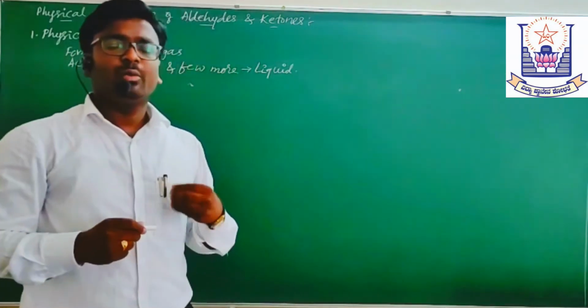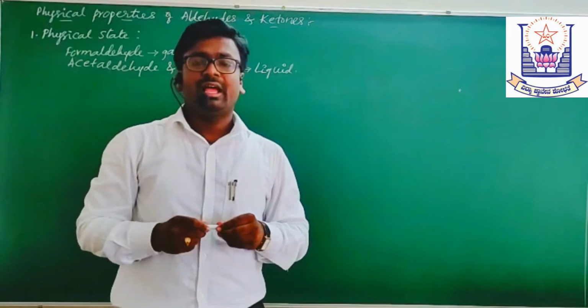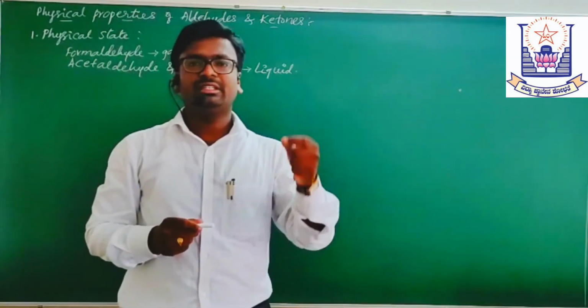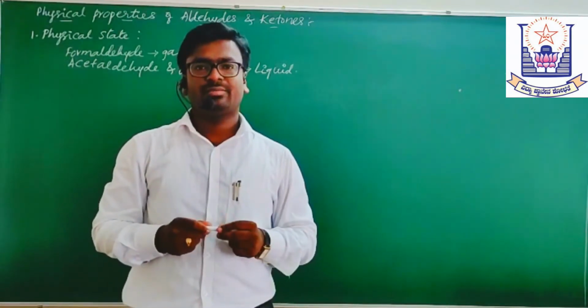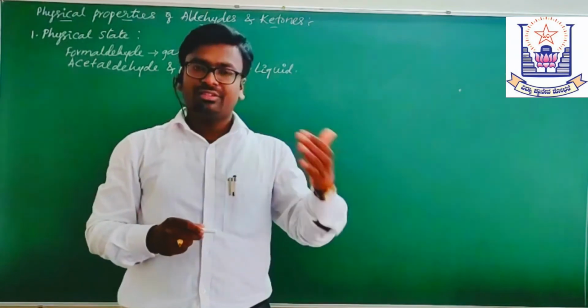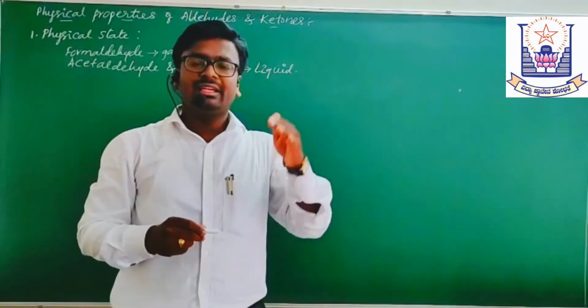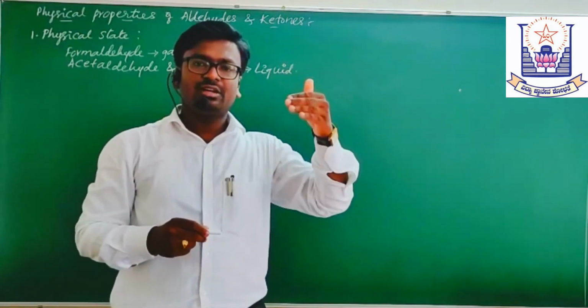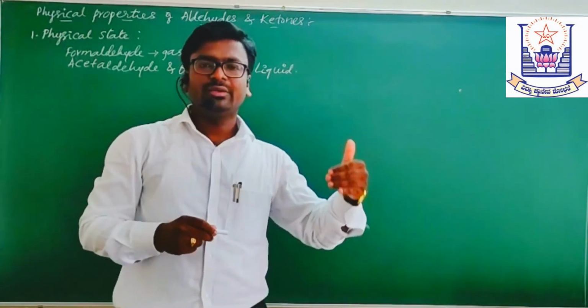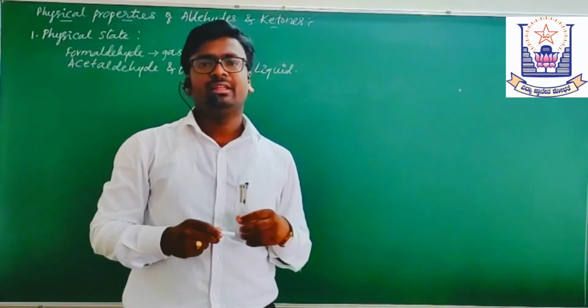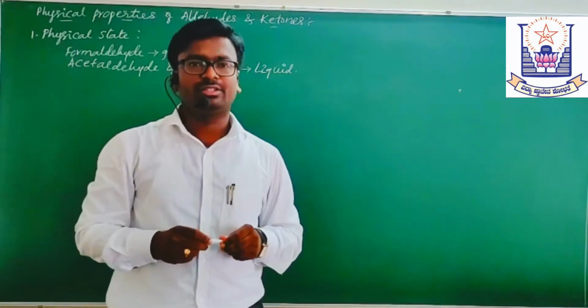What you understand from this is that as the number of carbon atoms in the chain increases, the surface area increases and the boiling point increases. Slowly it changes from a gaseous compound to a liquid to a solid compound at room temperature.